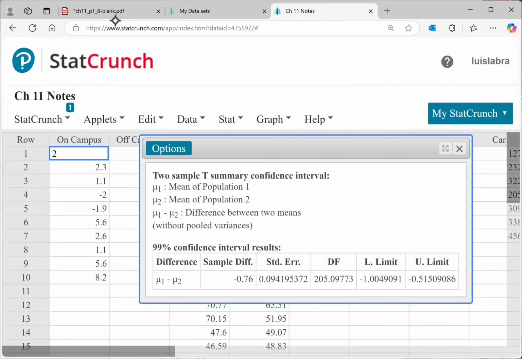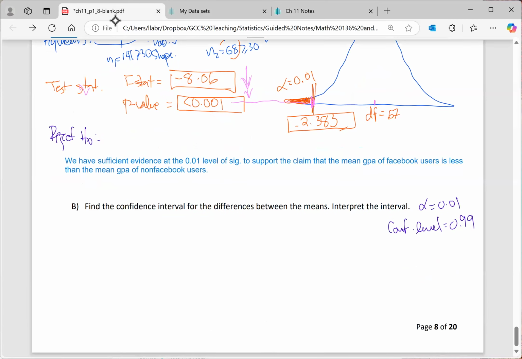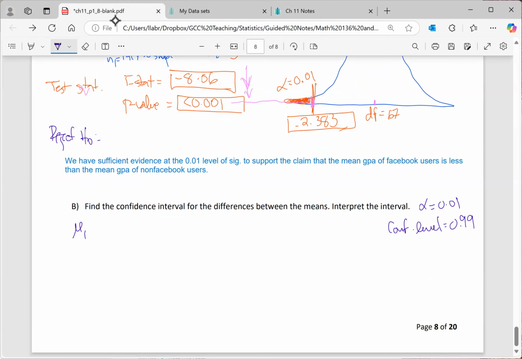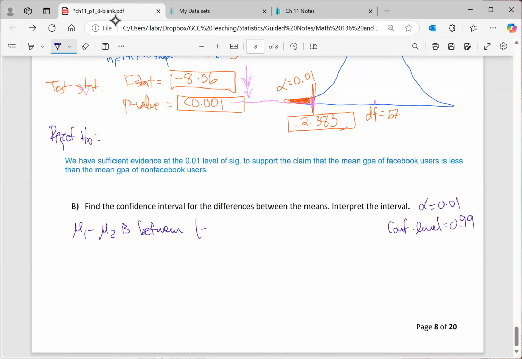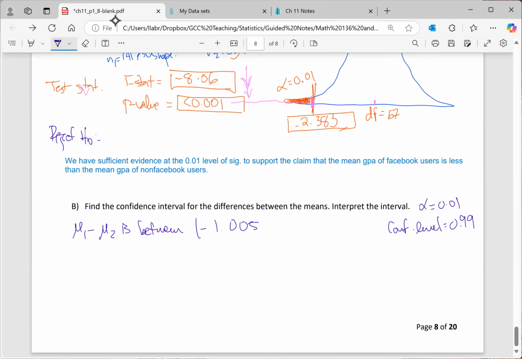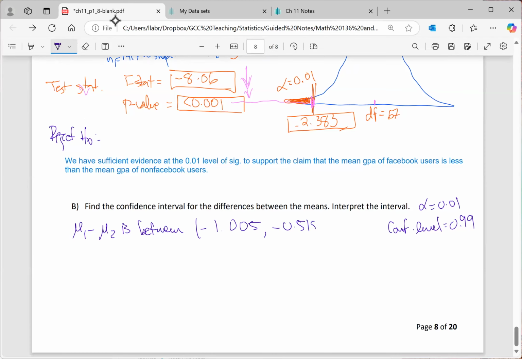Let me write that down. So we're pretty confident that mu1 minus mu2 is between negative 1.0049, so I'll just say 1, to negative 0.515.